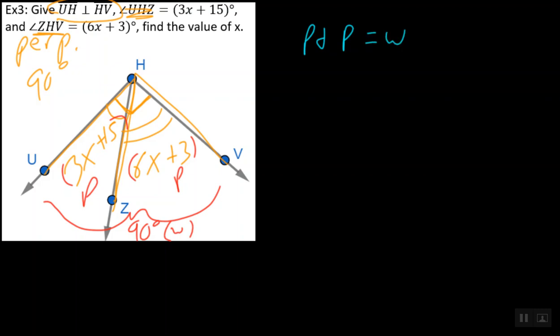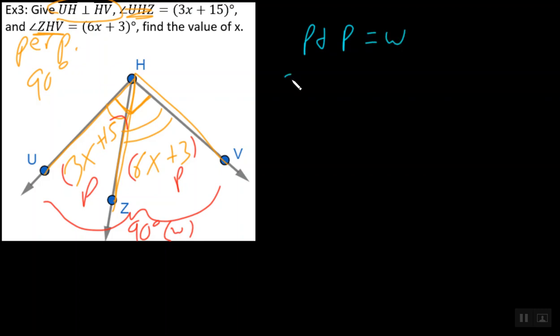We know that this is a part. We know that this is a part. And like we said earlier, complementary angles or a perpendicular angle will, of course, be 90 degrees, which is our whole. So, switching to my nice little blue, we know that the part plus the part is equal to the whole. And let's go ahead and fill in our parts.